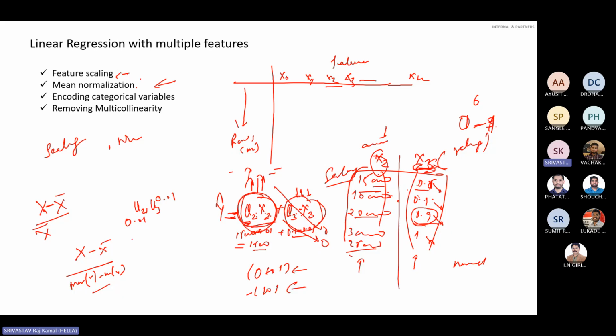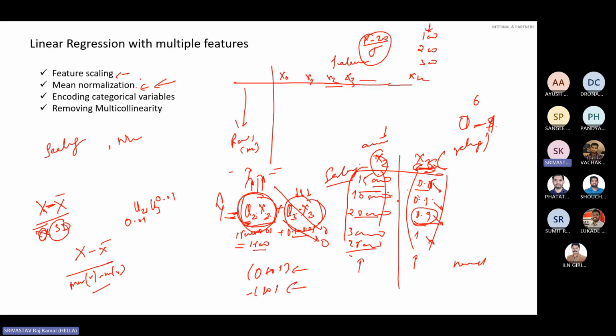How do you normalize? You normalize by taking x minus x average, or it could be divided by the standard deviation. You can do it later if you take some example. If you take the mean of these terms, which is 300, 500, 600, divided by the standard deviation of this column, you have normalized it towards the mean.